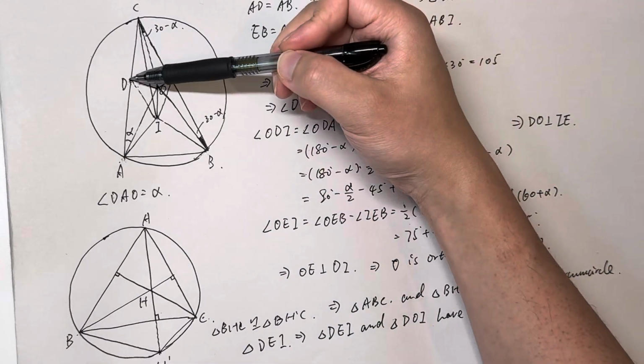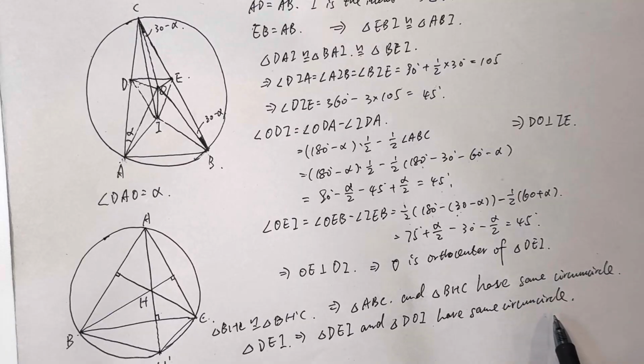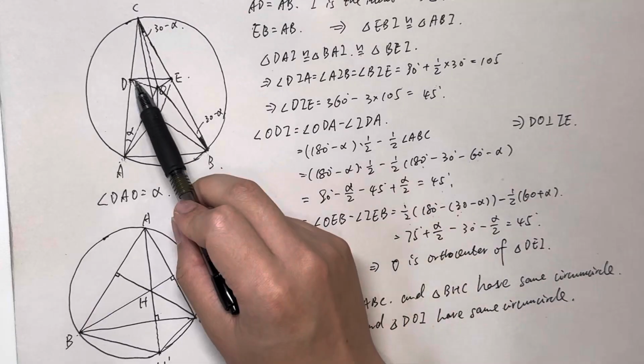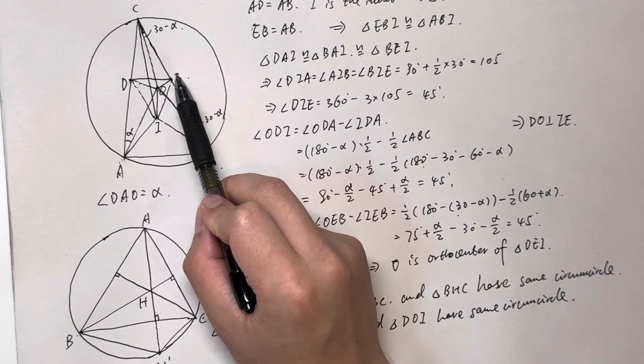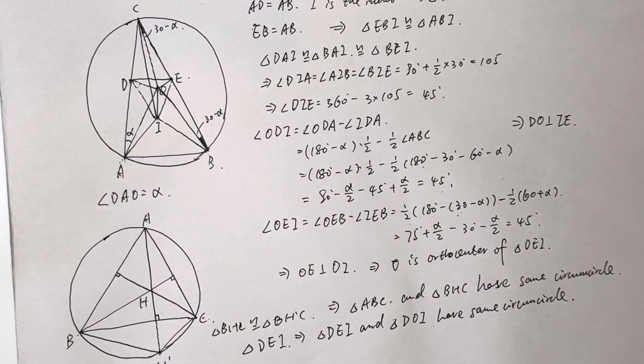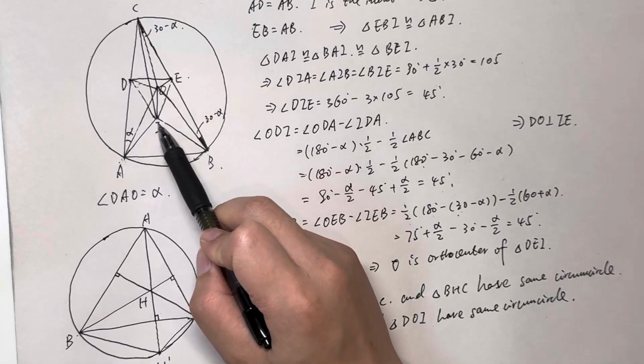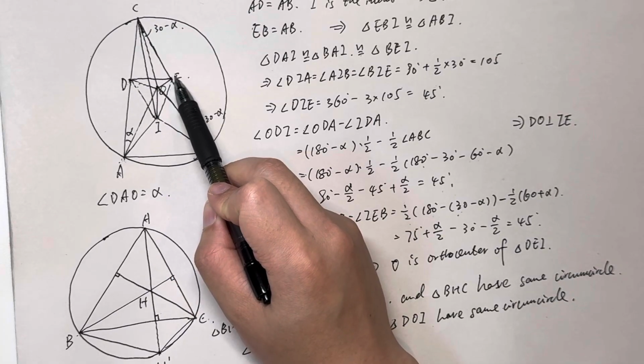Okay, then look, because they have the same circumcircle, that means for the chord DE, right? It refers to the circumferential angle DIE, which is 45 degrees.